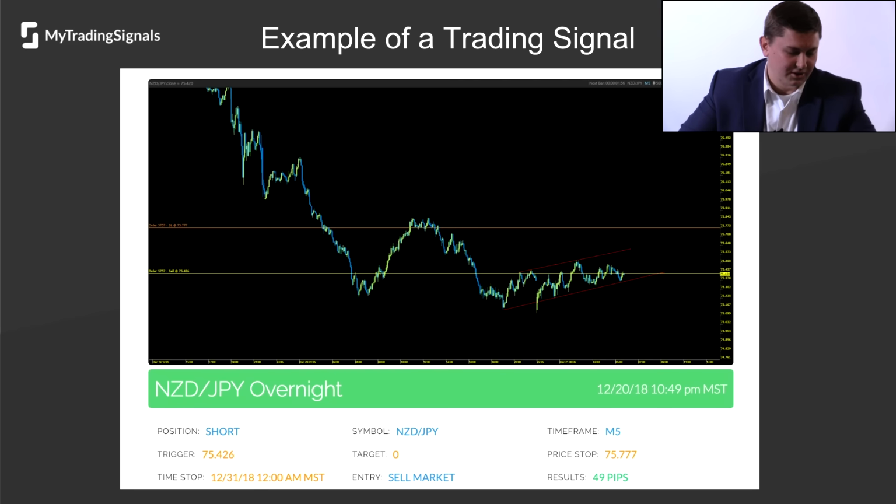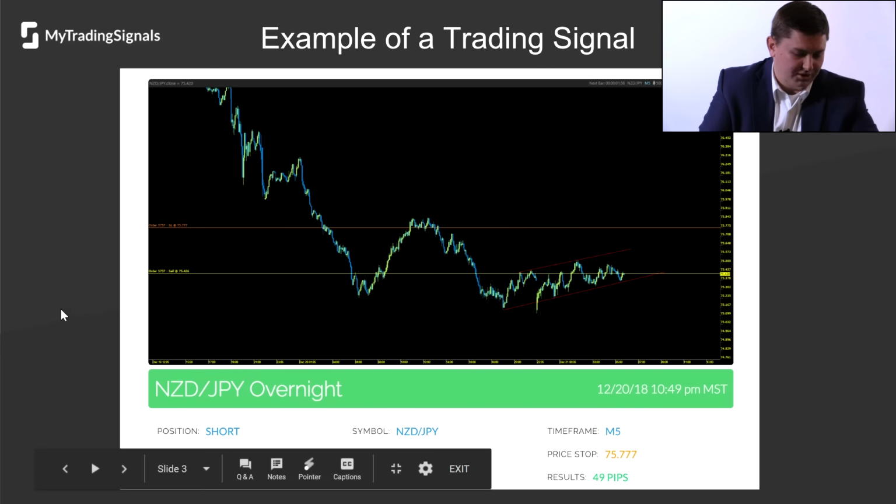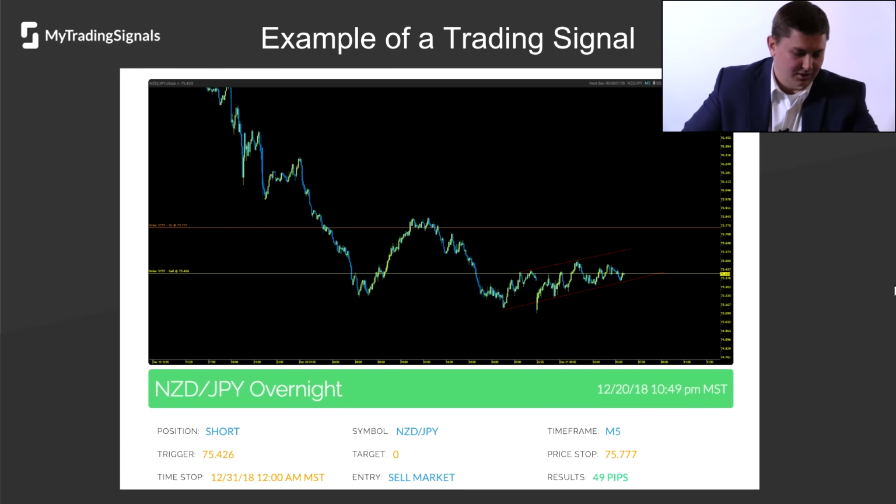Anyway, this is a signal here. You can see that I've got an image uploaded, and it comes with the parameters of the trade, like the position, whether we're going short, and the symbol. In this case, we took a short position on the New Zealand dollar versus the Japanese yen.